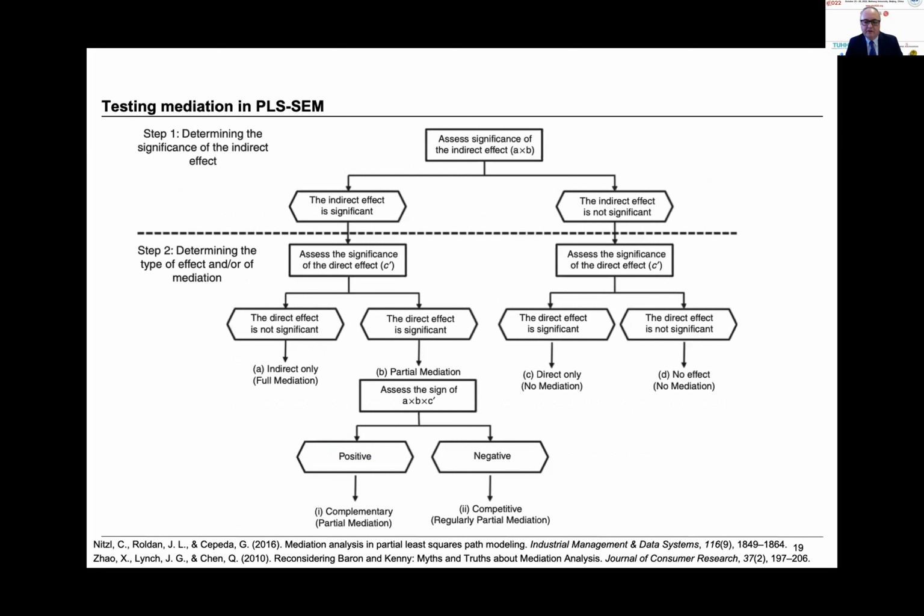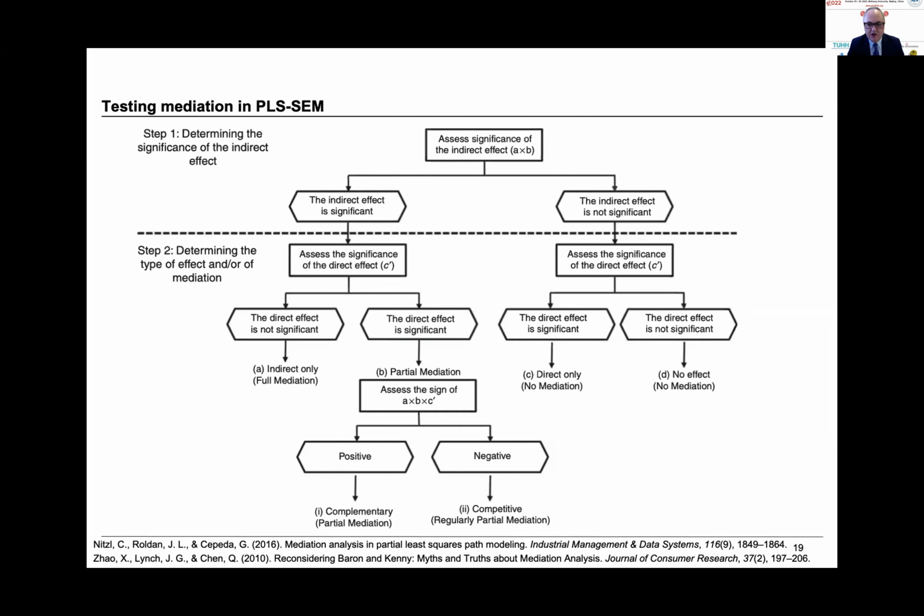Following the contribution of Zhao et al. 2010 and the adaptation to the PLS-SEM context developed by Nitzl et al. 2016, I present this decision tree to determine the type of mediation analysis. It includes two steps that reflect the general recommendations for mediation analysis. In step 1, we determine the significance of the indirect effect.